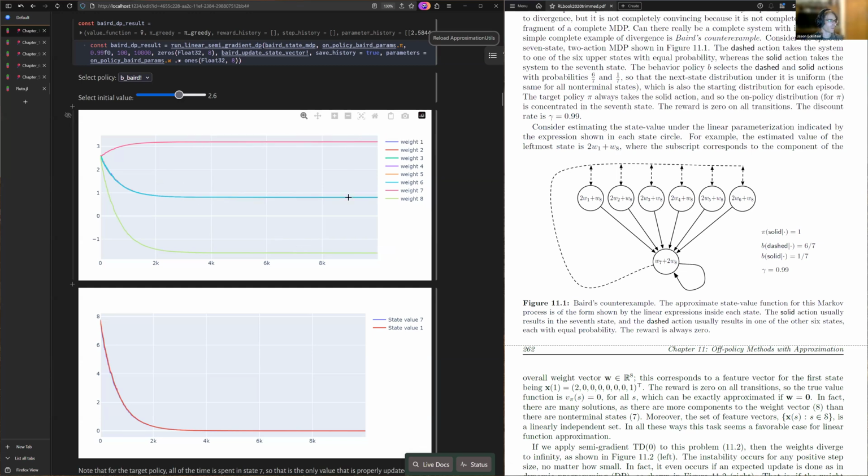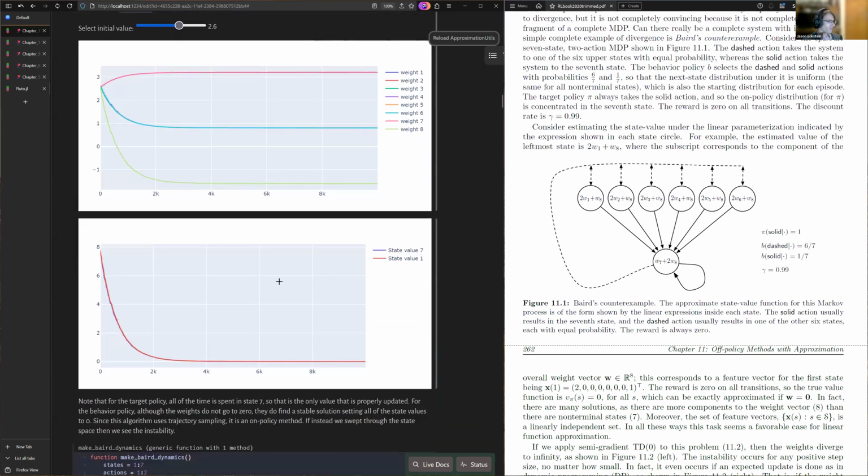You'll see that the weights themselves are not going to 0. It's finding a different solution. But for the solution it's found, this is just an example of 2 of the state values, like state 1 here and state 7. And you can see that both values are correctly converging to 0, right? All the values here should be 0.